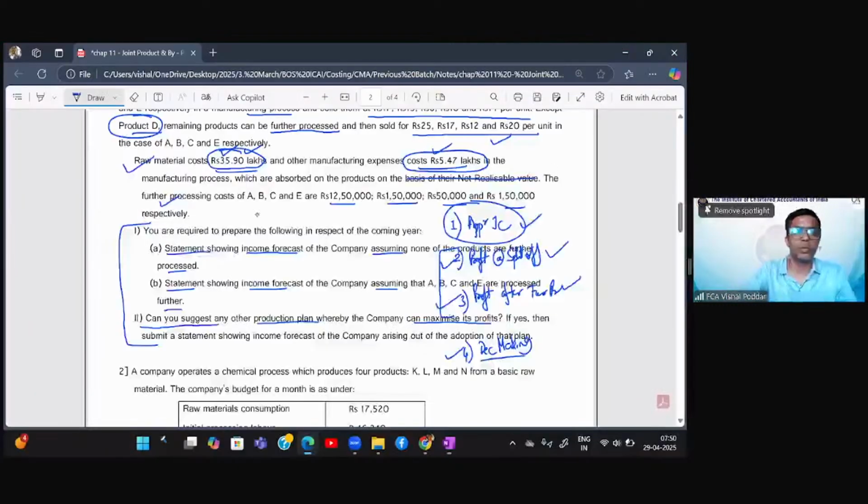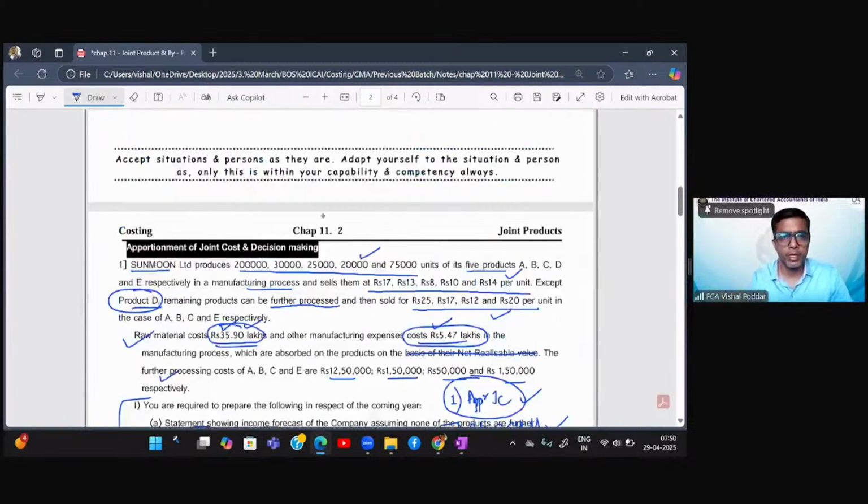Now what are my units? It is 2 lakhs, 30,000, 25,000, 20,000, 75,000. So 2 lakh units, 30,000 units, 25,000 units, 20,000 units, 75,000 units.